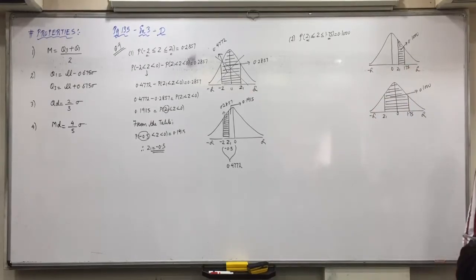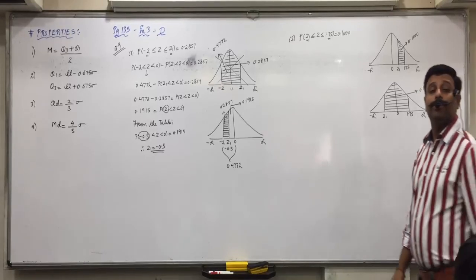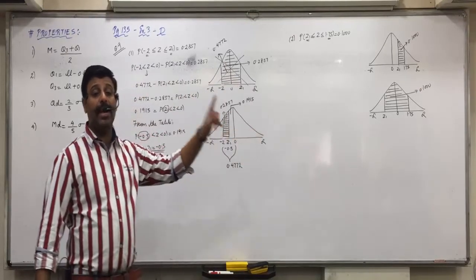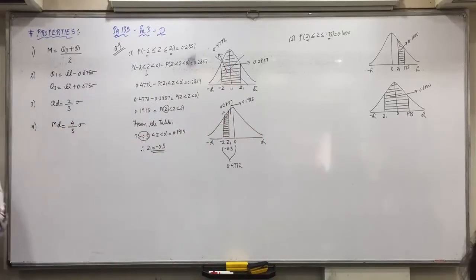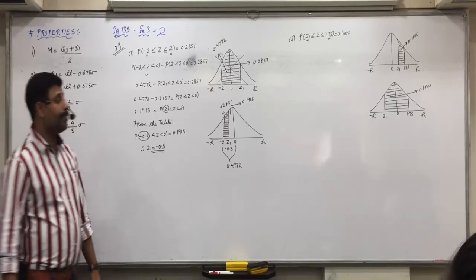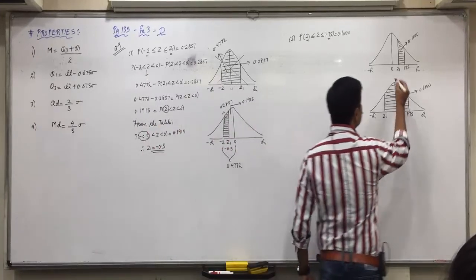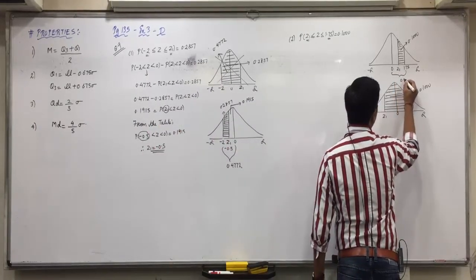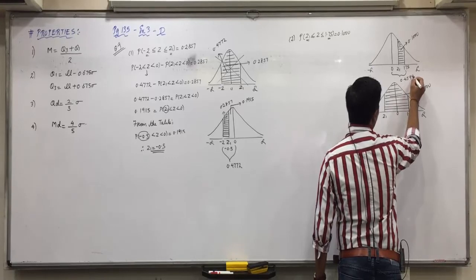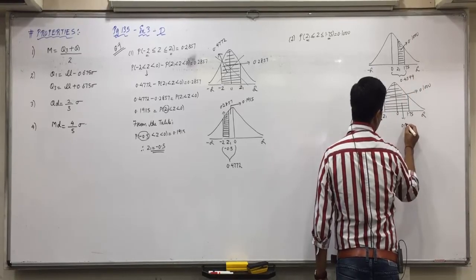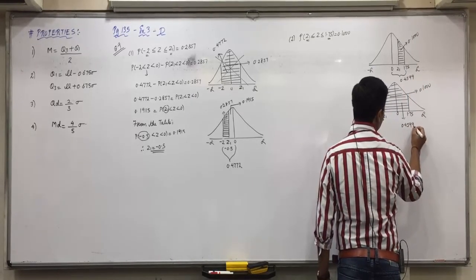Now before deciding which one is correct, what do we need to do? See the value of 1.75, the area of 1.75. See on the last page, what is the area of 1.7 and then 5? Where do they intersect? 4599 means 0 to 1.75 is 0.4599.